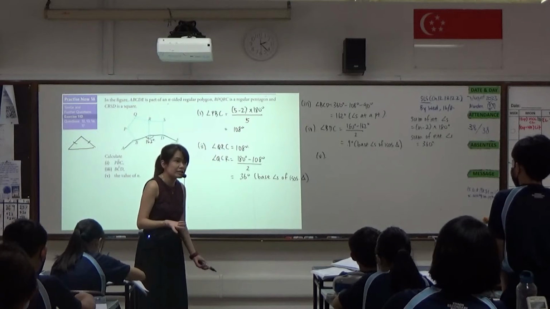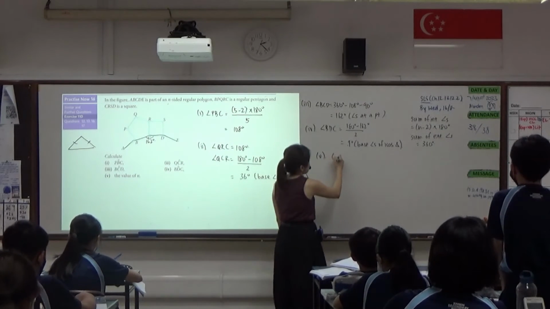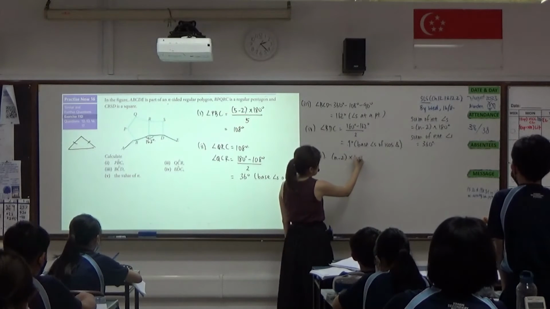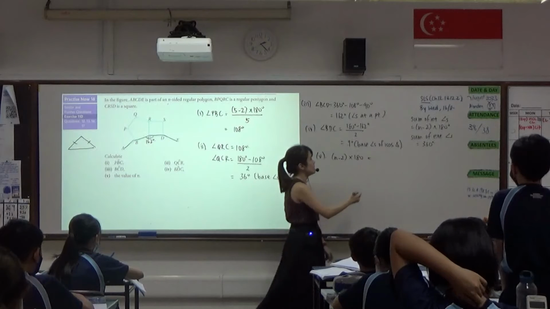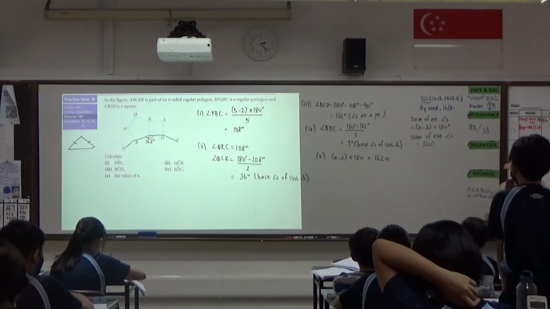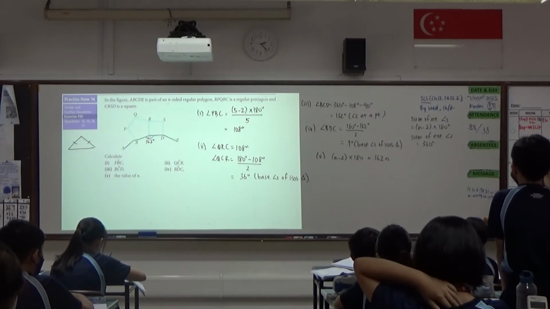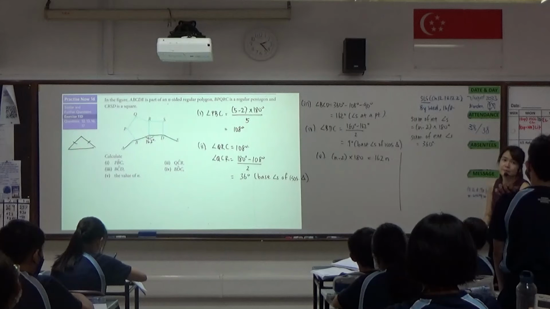N sides, how many interior angles? N, right? Okay, so if I want to do it by the interior angles method, the sum of interior angles will be equal to 162 times n. Okay, so that's how we can form an equation. Alright? This is if you use the interior angles method.